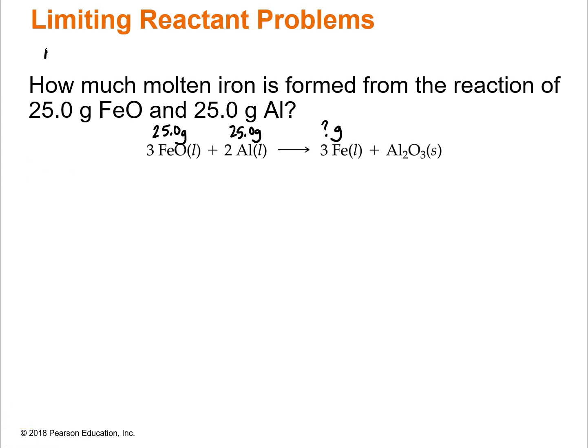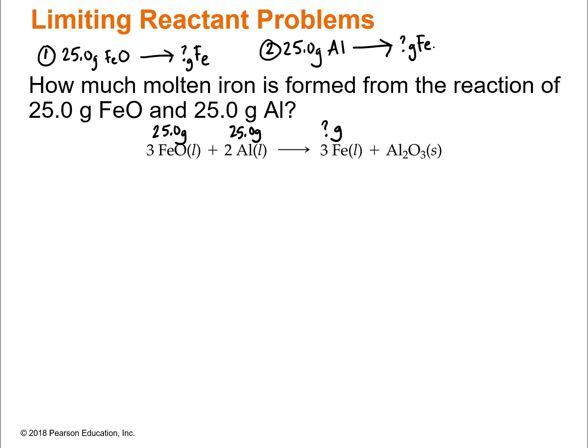The first one is to take 25 grams of iron 2 oxide and figure out how much molten iron we make. The second one is to take 25 grams of aluminum and figure out how many grams of iron we make. Then you choose the limiting reactant, and that tells you how much product you'll make. Let's get started.